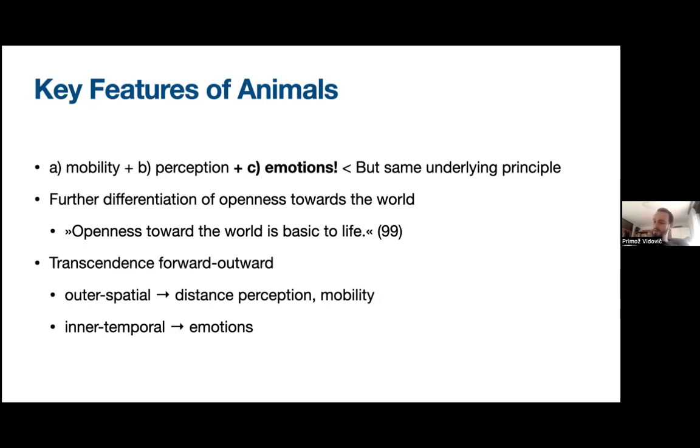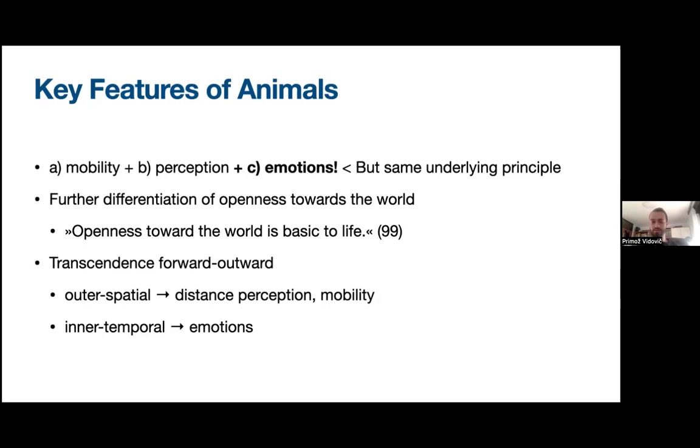Okay. So at this point, the animal is really transcending itself on two levels, forward and outward. There's this outer level of space. The animal has to get towards its goals on which it is dependent. It has to be able to perceive them at a distance, and this creates its space of freedom.